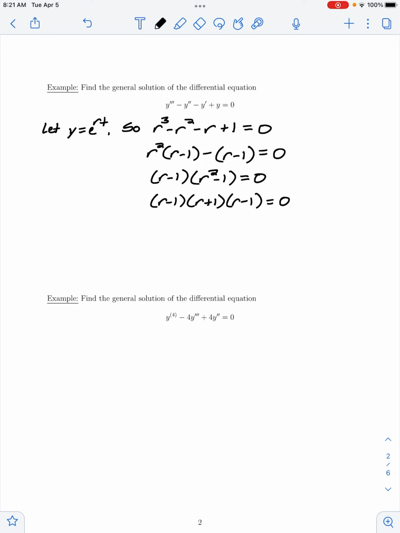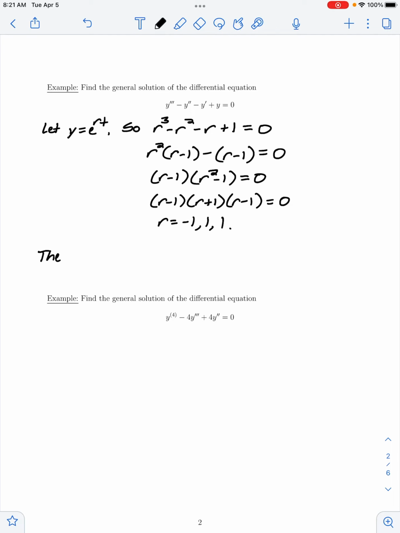So we have roots here of r equals -1 and a repeated root of +1. 1 is a repeated root, it has multiplicity 2.